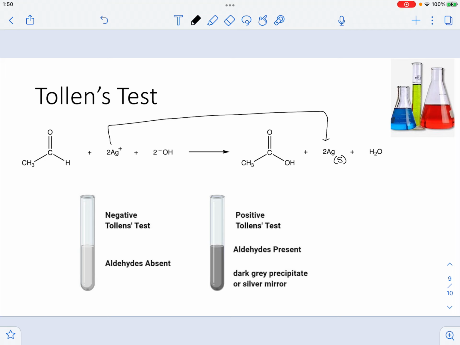But in the Tollen's test, because we are precipitating silver, we're going to see a dark gray precipitate or a silver color. The Fehling's test, the Benedict's test, and the Tollen's test are all tests for reducing sugars.